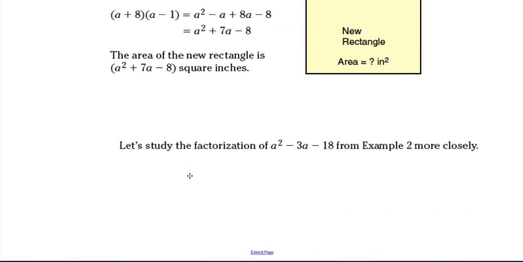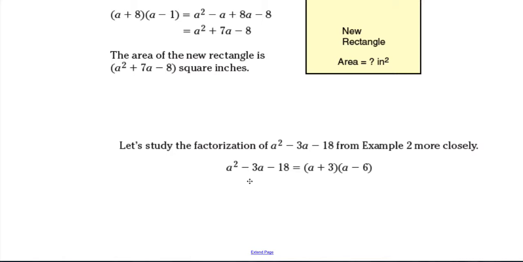Now, the bottom paragraph of the book is exactly what I just told you about. Okay, studying a squared minus 3a minus 18 more closely. In this case, when your quadratic term has a coefficient of 1, you don't need to group them.